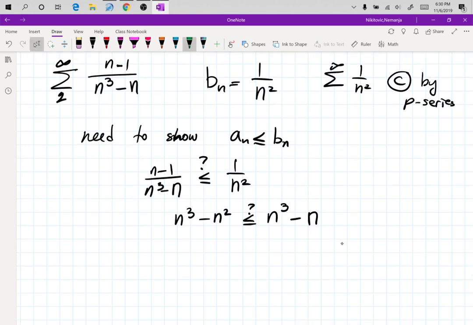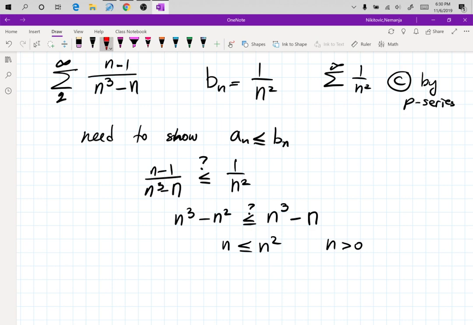So this holds now, because when you cancel n cubes, right, move n squared to the other side, because they're negative, it turns out to have n less than or equal to n squared, and we know n is a positive number, so that holds for all positive numbers. So we're good, right?